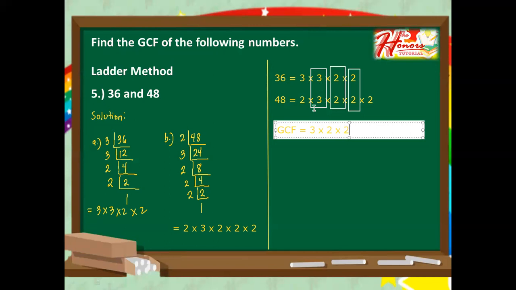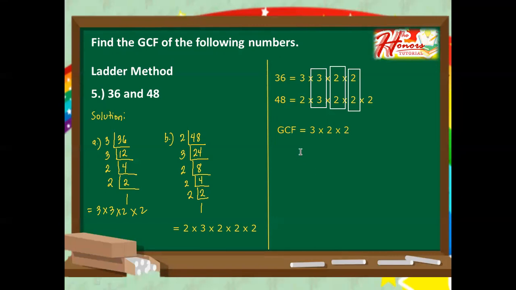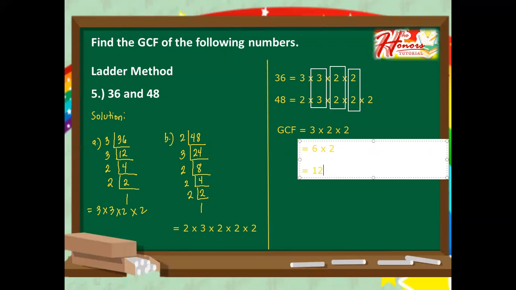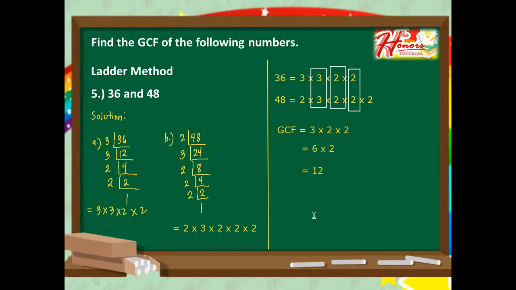If you have 2 threes here in the box, you will write 1 three only. Same with twos. So we have here 3 times 2 times 2. Now let's solve. 3 times 2, that's 6 times 2. 6 times 2, that is 12. So therefore, the GCF of this given is equal to 12.